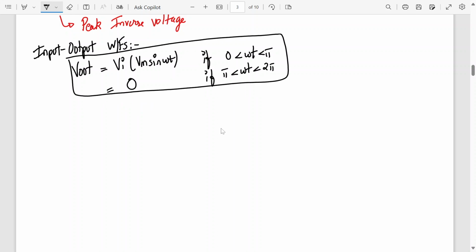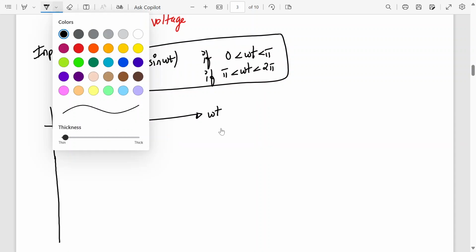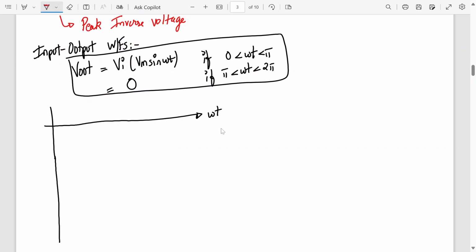So first let's draw Vi. Let's talk about Vi. What is Vi called as? It's the AC mains voltage or the secondary output voltage. This is Vi, right?